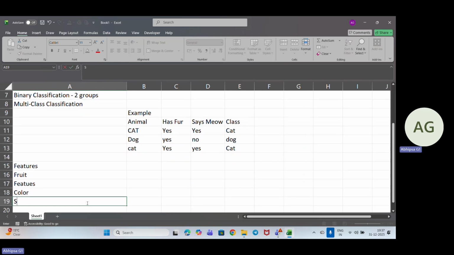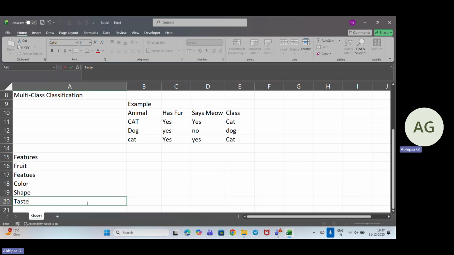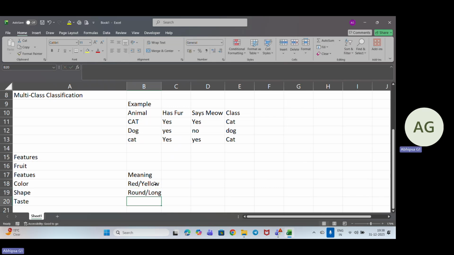Next we have the feature as shape. Next, we have the feature as taste, like this. And coming down to the meaning, what is the meaning that we are taking up here? The color might be red or yellow. About the shape, it can be round or long. About the taste, it might be sweet or sour, any one of them. So my model looks at the features to decide the class accordingly.